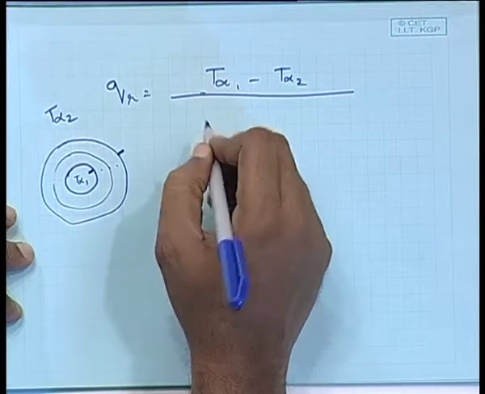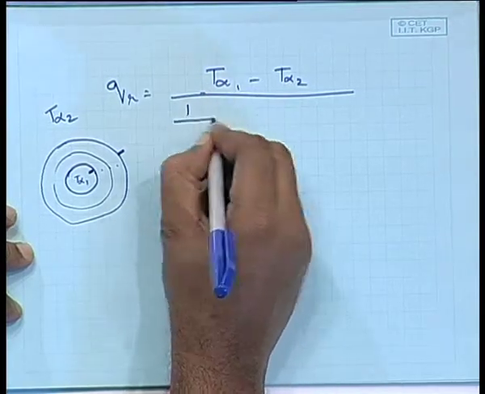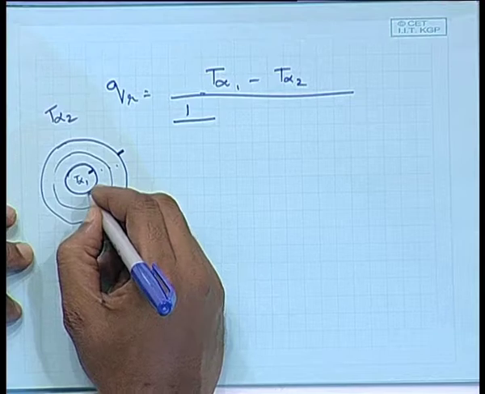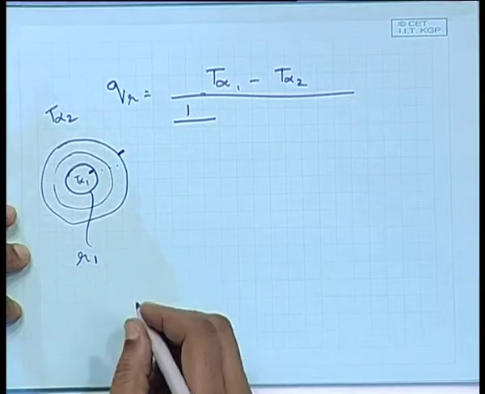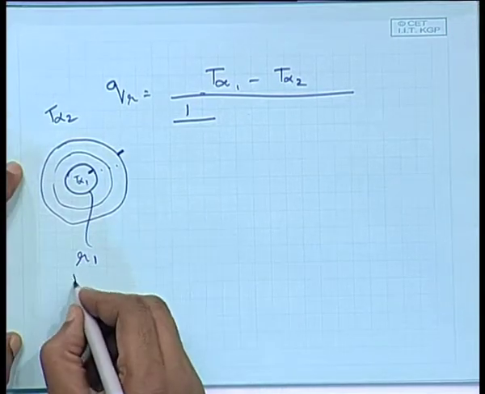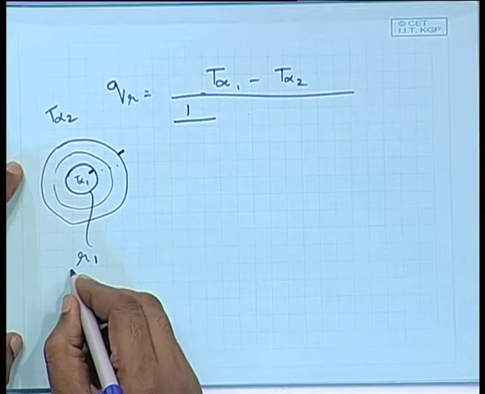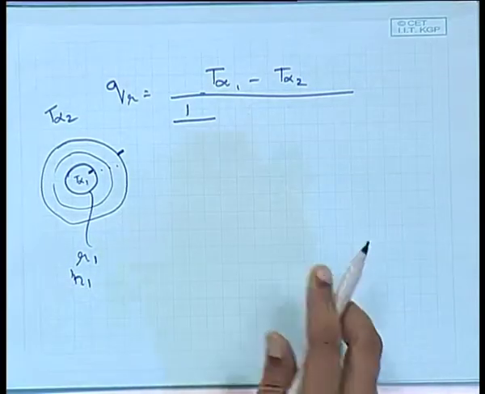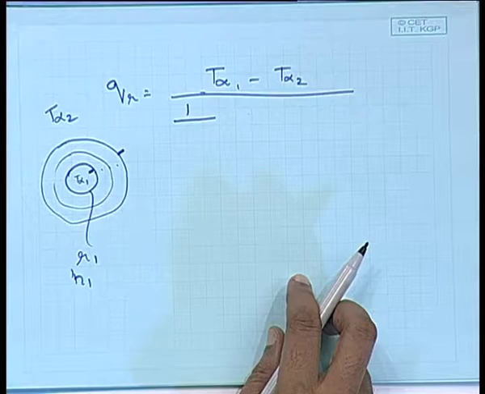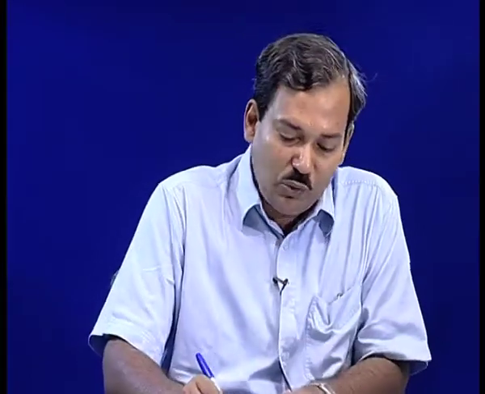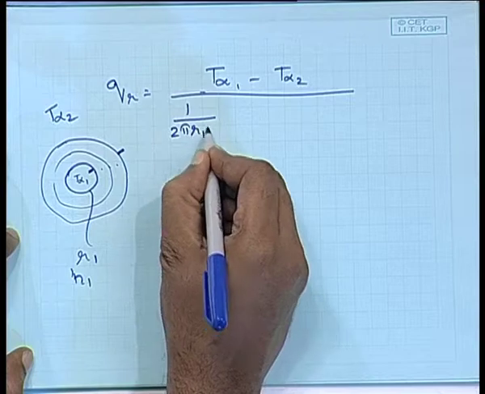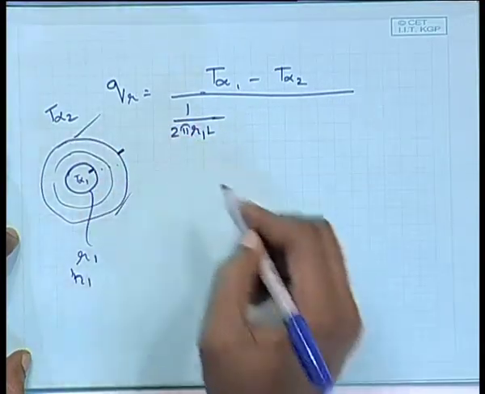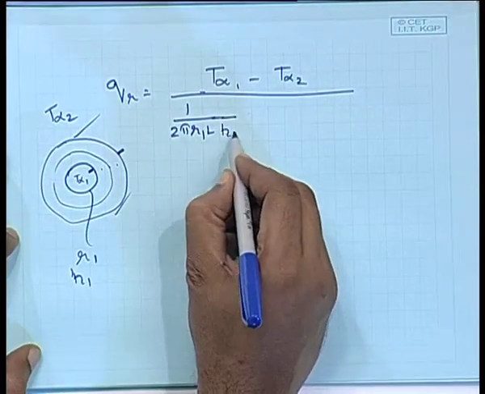What is going to be the first resistance? If the inner one has a radius equal to R1 and the convection coefficient is H1, what would be my first resistance? It is 1 by H1 A, and what is A in this case? 2 pi R1 L, if L is the length of this pipe, times H1.